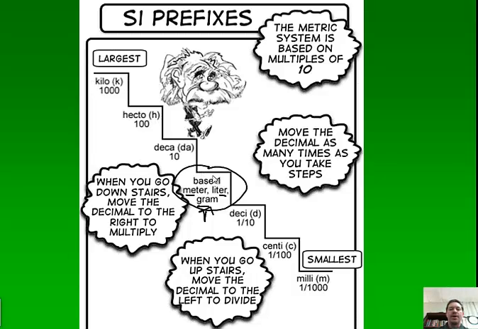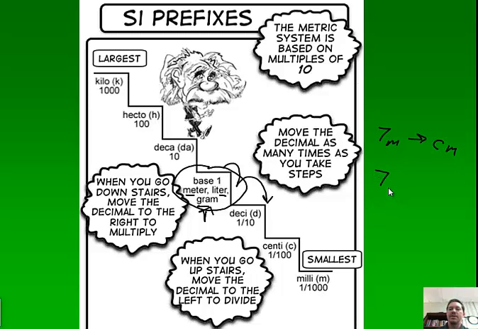So we had before, say we had our base, because we had 7 meters, and we wanted to convert to centimeters. So we went from 7 meters, and centimeters is down here. So what we ended up doing is taking 2 steps down. So we multiplied.